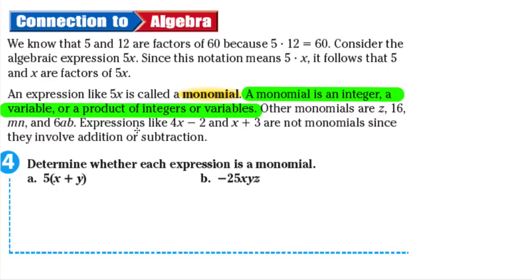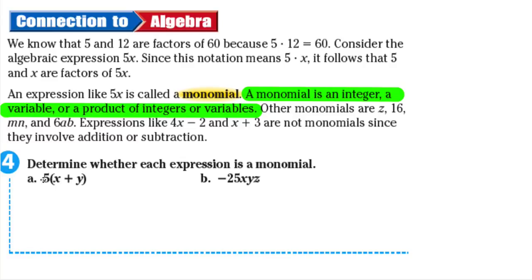Okay? Expressions like 4x minus 2 and x plus 3 are not monomials. Why? Because they involve addition or subtraction. So remember, when you talk about a monomial, it only talks about the product. If it has addition or subtraction in the expression, it is not a monomial.